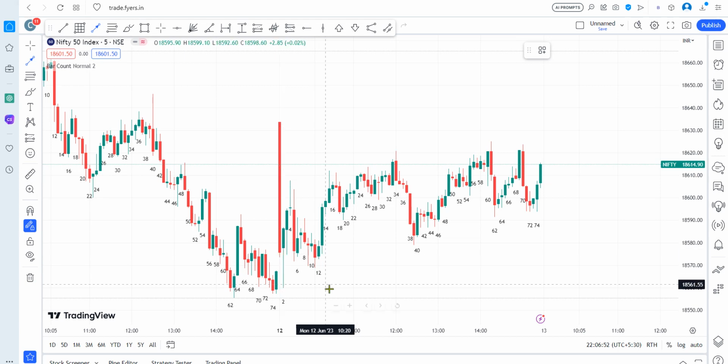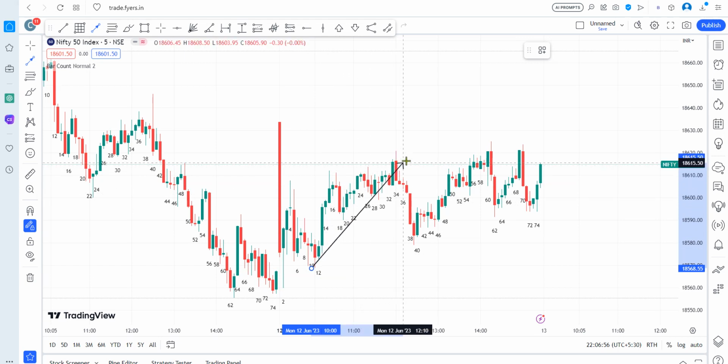Like from here, a bull channel is created. From the top of the day, there is a micro bear channel. Now again, a bull channel is created.